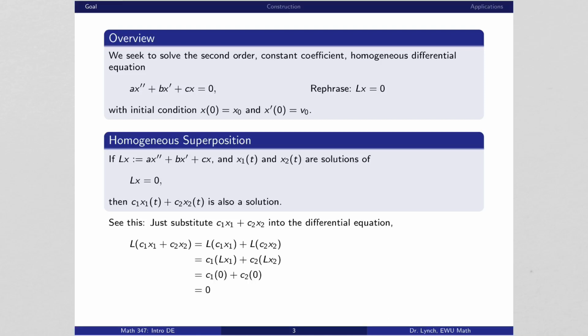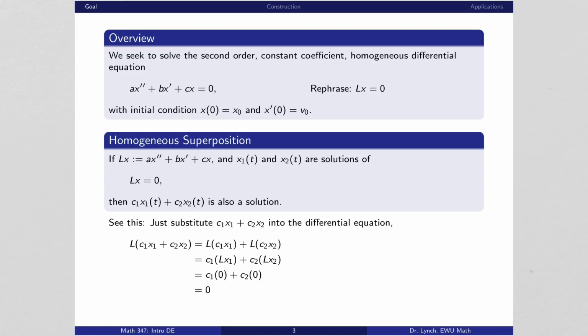The differential operator applied to c1x1 + c2x2 is the same as the operator applied to c1x1 plus the operator applied to c2x2. Constants can be pulled out front, so this is c1 times Lx1 plus c2 times Lx2.